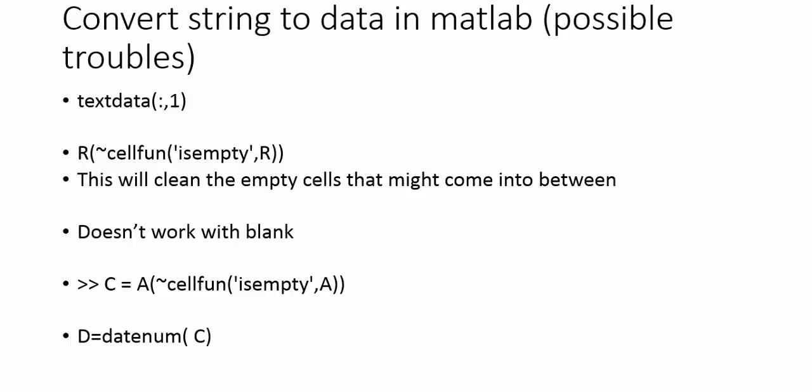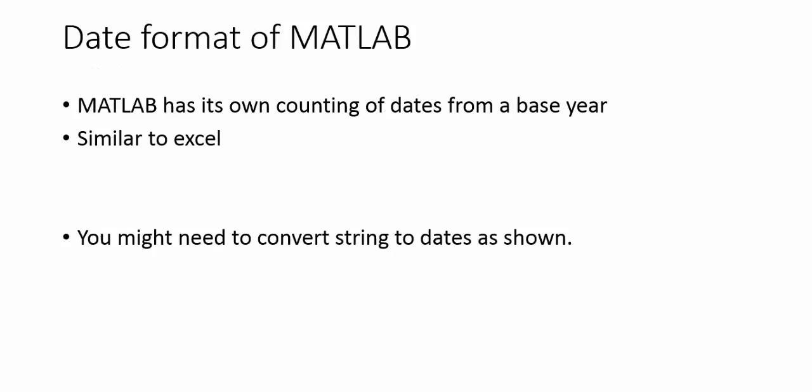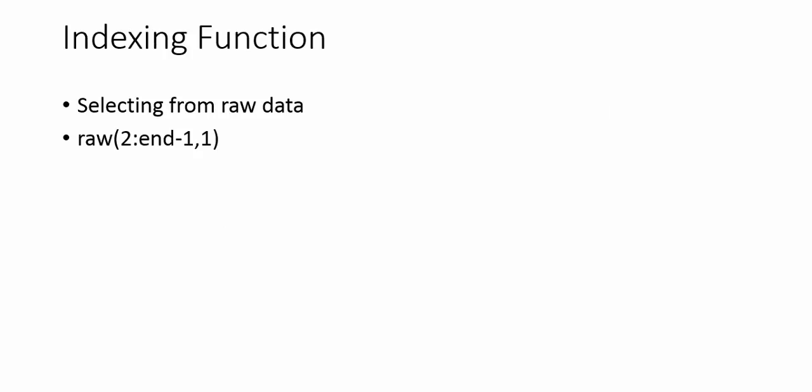It would remove them, and then if you want to convert things into numbers, you'll use the datenum format. MATLAB has a date format, and like Excel, it's stored at the backend in a numeric format, so you have to do that. With the indexing that we talked about in class 2 and class 3, we can pick out the rows and the columns that we need.